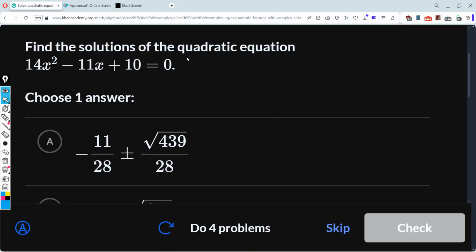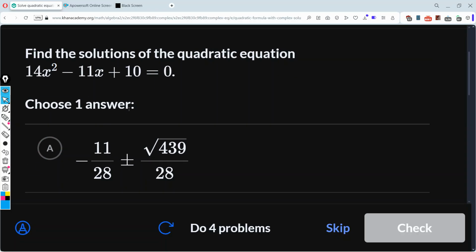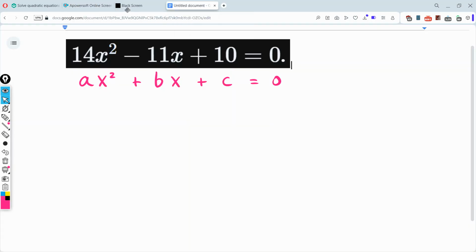All right, so they want us to find the solutions of this quadratic equation, and they give us multiple choice answers. I might do this on separate paper. Notice the equation that was given is in the form of ax squared plus bx plus c equals 0. That's very important. It has to be equal to 0 first.